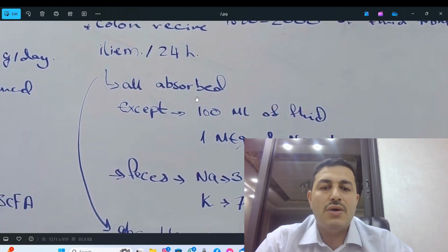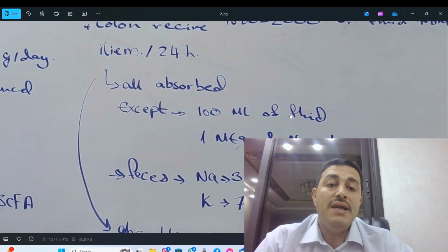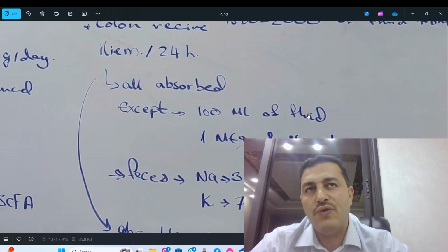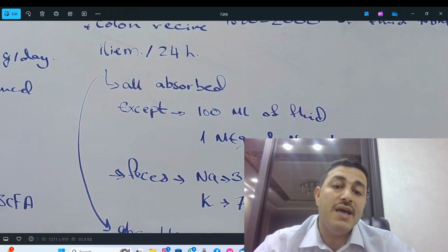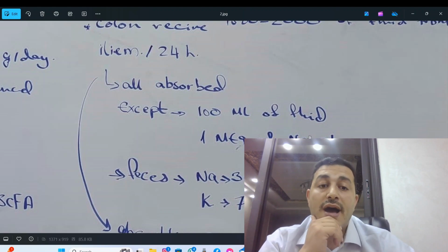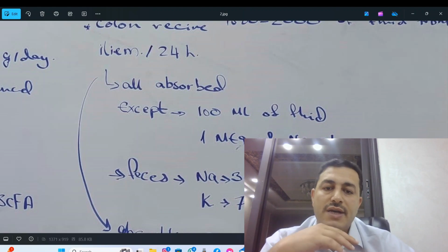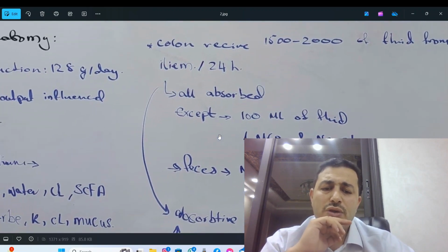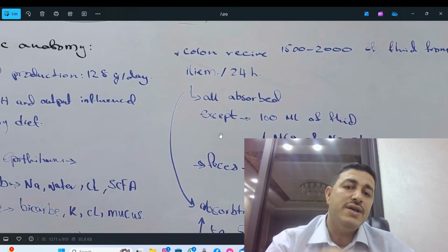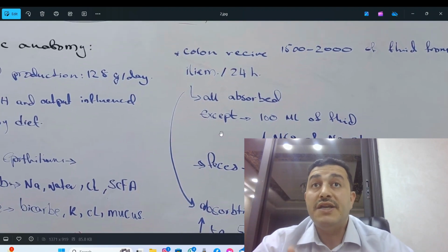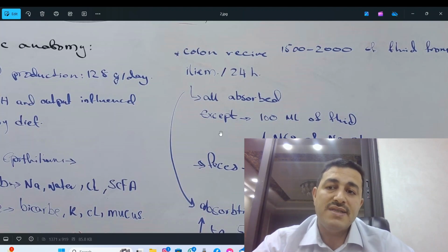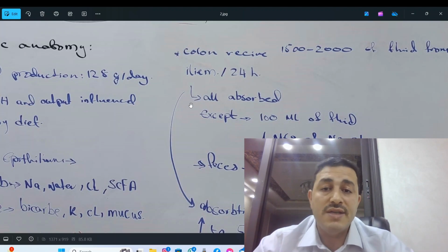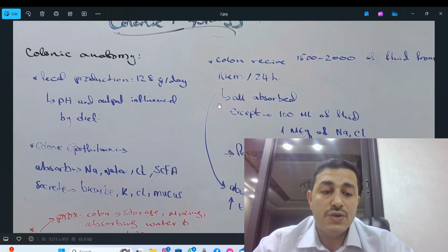All is absorbed except only 100 to 200 milliliter of fluid, which is excreted with feces, and 1 milliequivalent of sodium and chlor are excreted, not absorbed, with feces. And actually this can change if the patient has, for example, decreased small intestine absorptive capacity, so the colon can compensatorily increase the absorption of sodium and chlor.